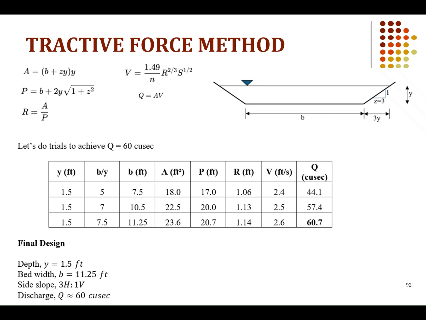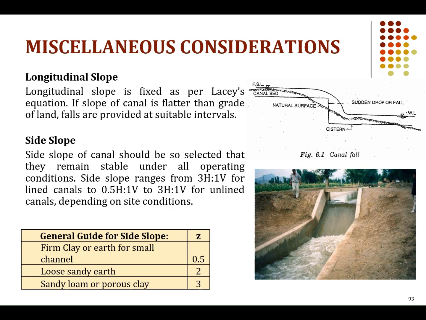Moving forward, we will talk about a few miscellaneous considerations that you should know as a designer. For example, the first one is about the longitudinal slope. Let me read it for you. Longitudinal slope is fixed as per Lacey's equation.